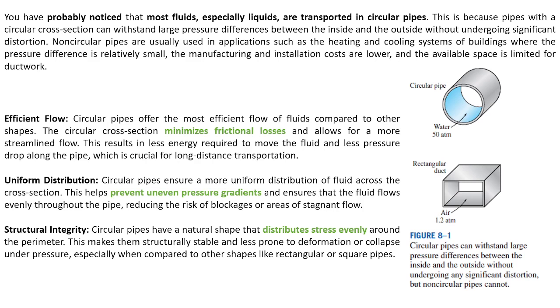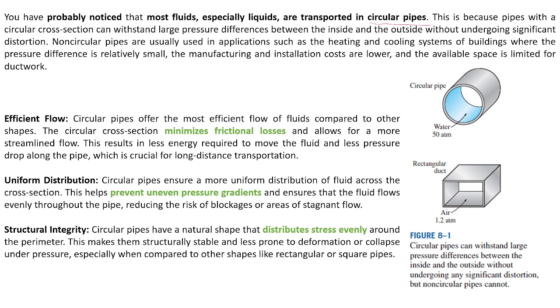This is general information about the flow. Most of the flow, especially liquid, is transported in circular pipes. Why in the circular pipe? You have seen most of your liquid transported in circular pipes.